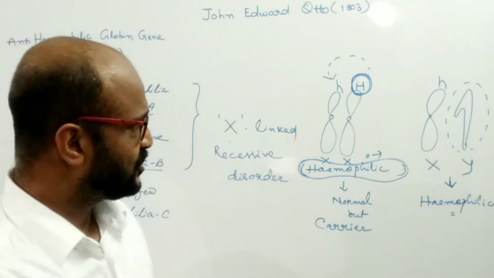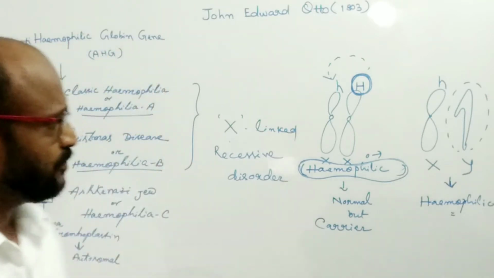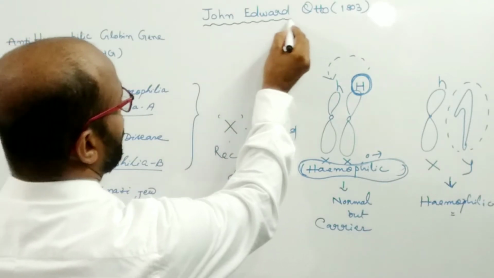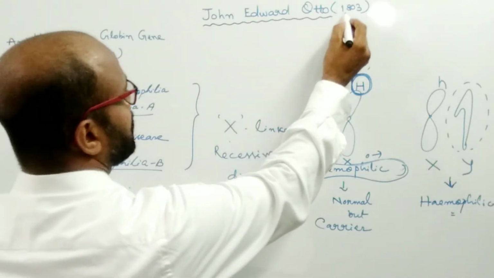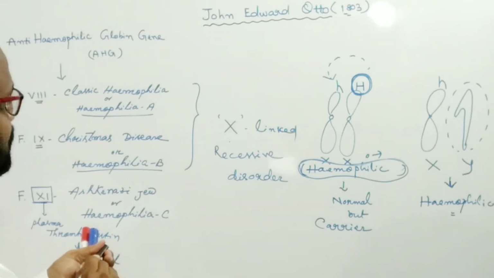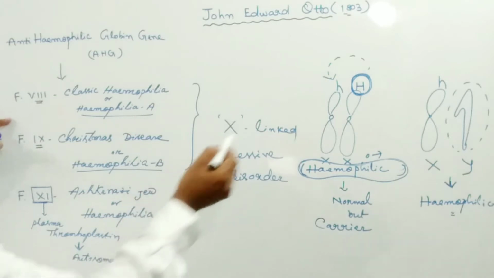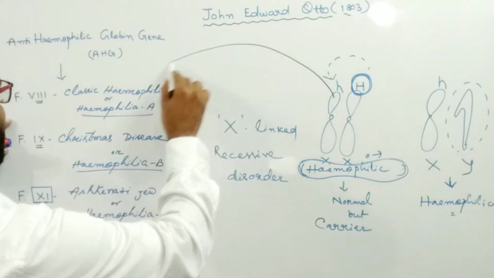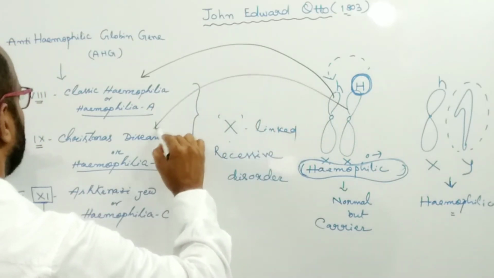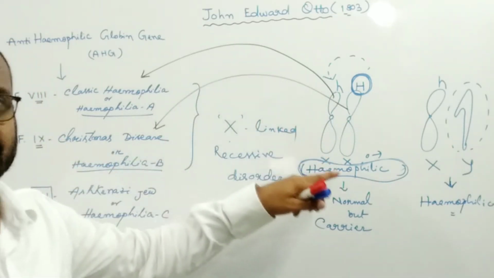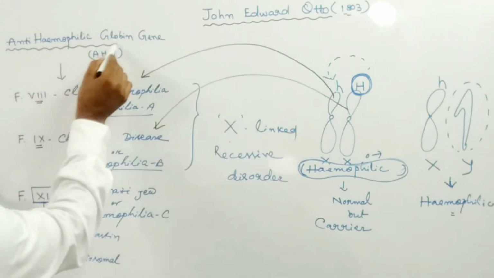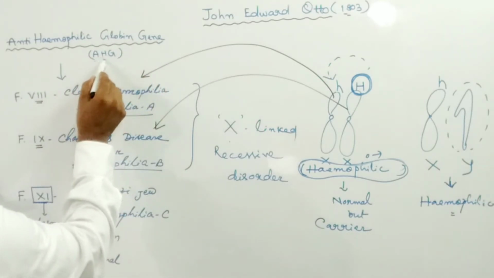So what is the actual history of hemophilia? This hemophilic disease was discovered by John Edward Otto in the year 1803, and the genes responsible for the formation of blood clotting factor 8 and blood clotting factor 9 are present on the X chromosome. Such genes are known as the anti-hemophilic globin gene, or AHG.